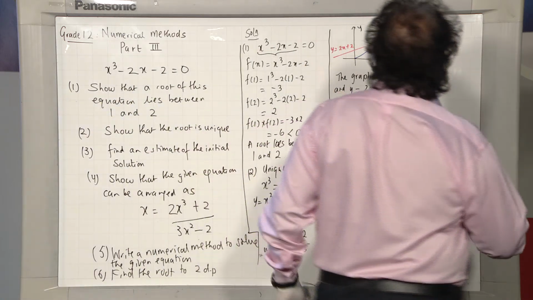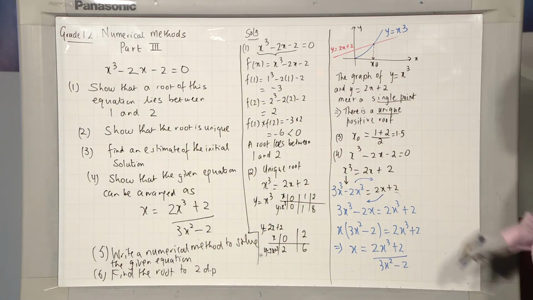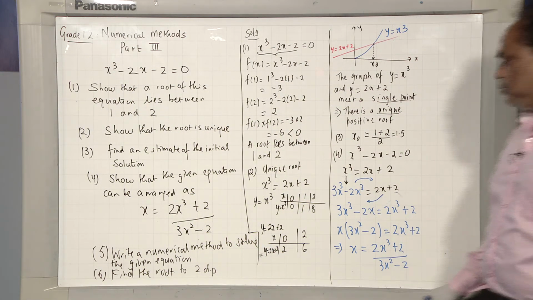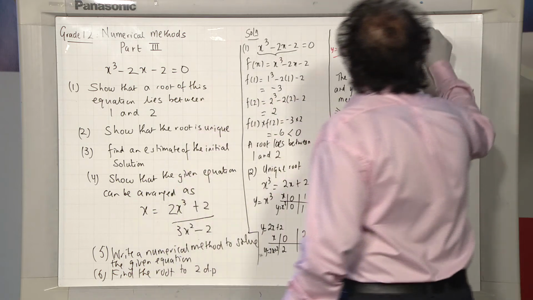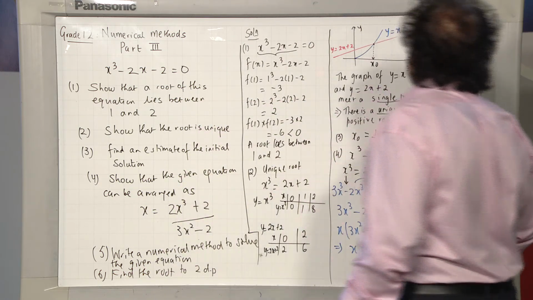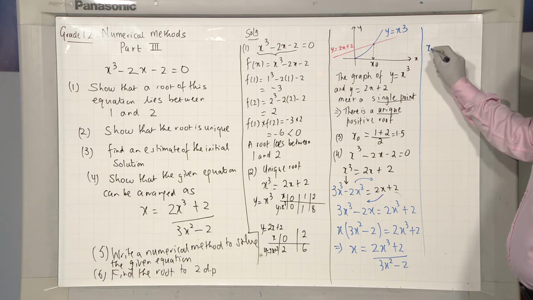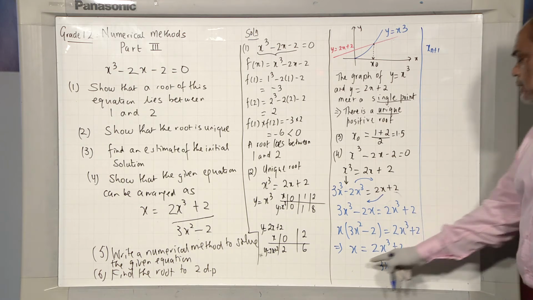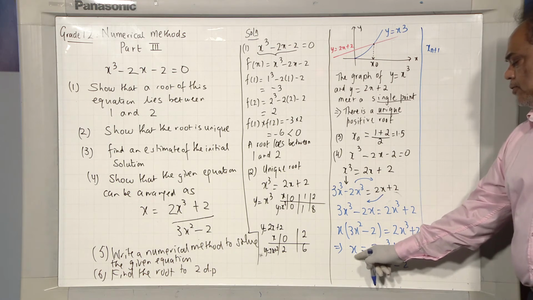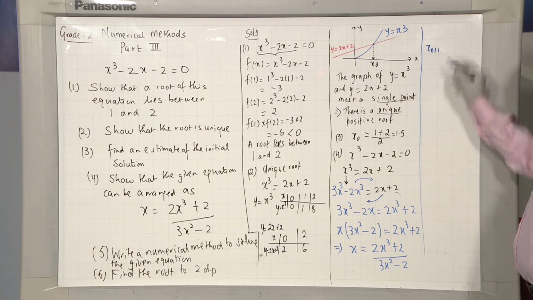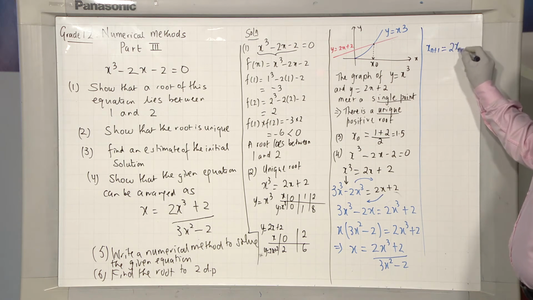Now, once you have got this equation, how do you write your iterative method? Xn plus 1, you just have to add n plus 1 to the left-hand side and n to the right-hand side.